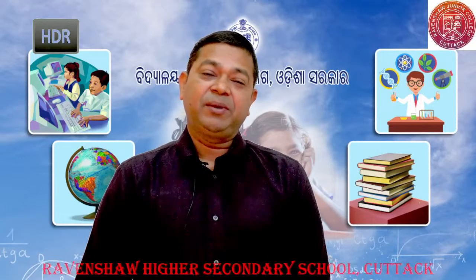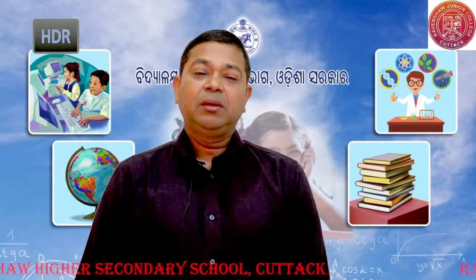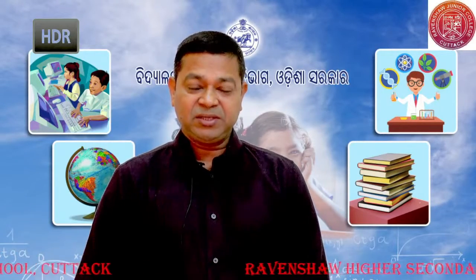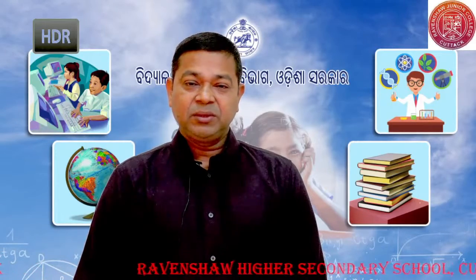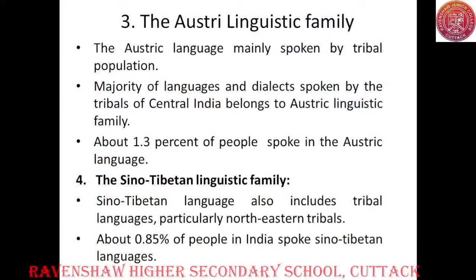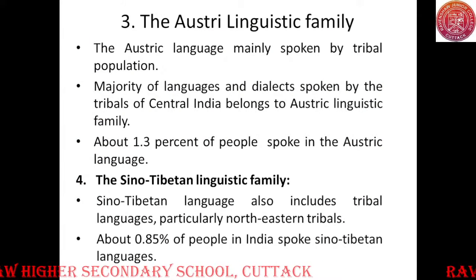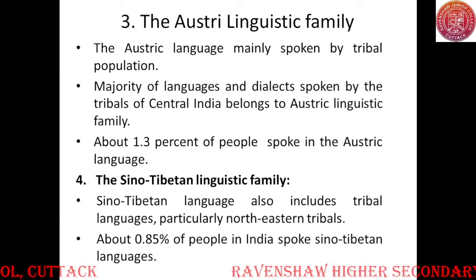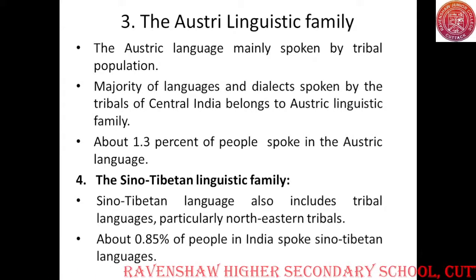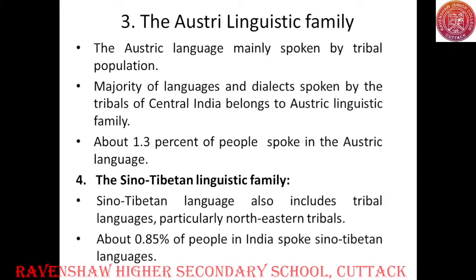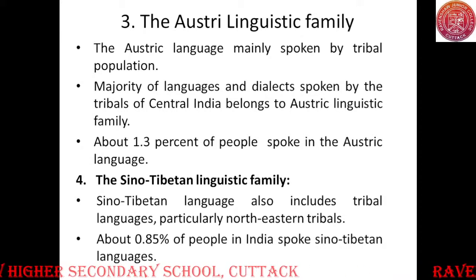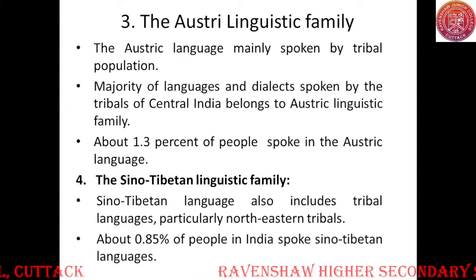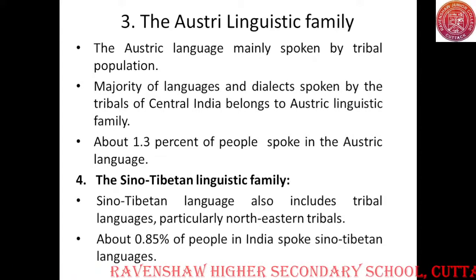Then the third linguistic family is known as the Ostrich linguistic family. They are mainly spoken by the tribal populations of India. The tribals speak different dialects that come under the Ostrich linguistic family. The majority of Ostrich languages and dialects are spoken by tribals of central India.